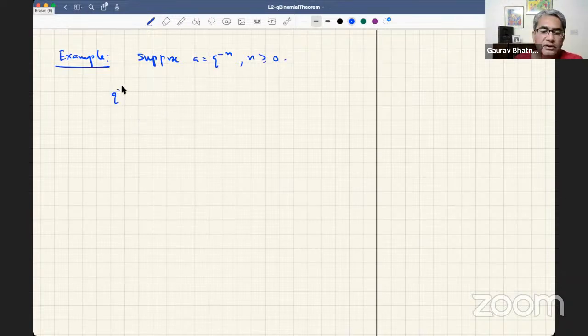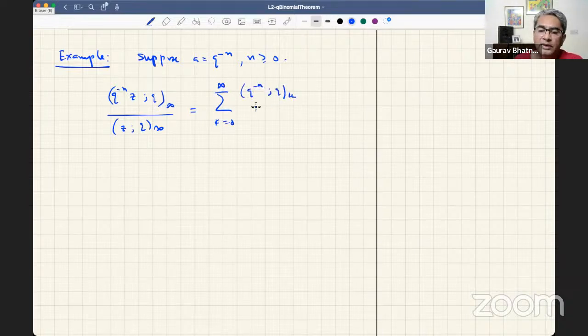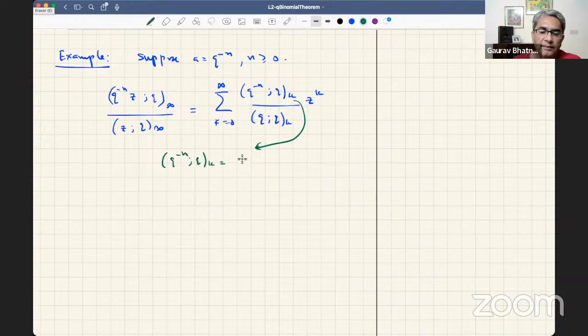Then the theorem boils down to (Q^−N Z; Q)∞ over (Z; Q)∞ equal to the sum of (Q^−N; Q)_K over (Q; Q)_K times Z raised to K. Now (Q^−N; Q)_K is 1 minus Q^−N, 1 minus Q^(−N+1), and so on up to minus N plus K minus 1.